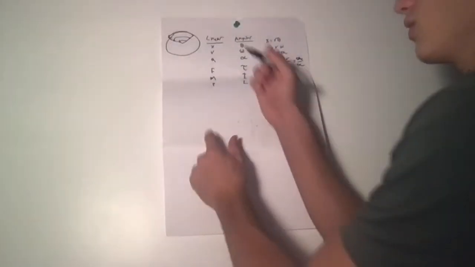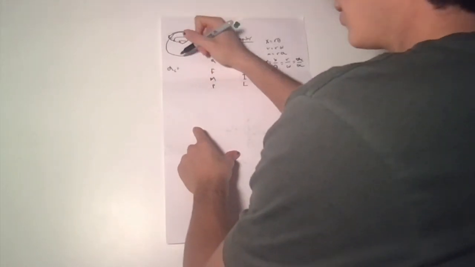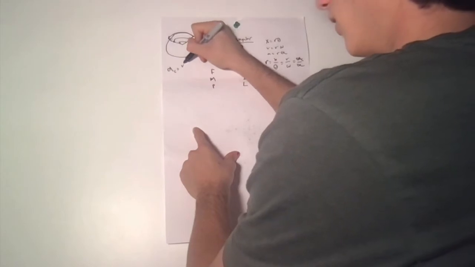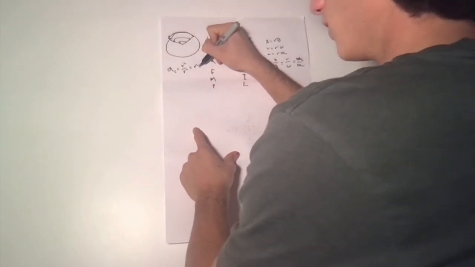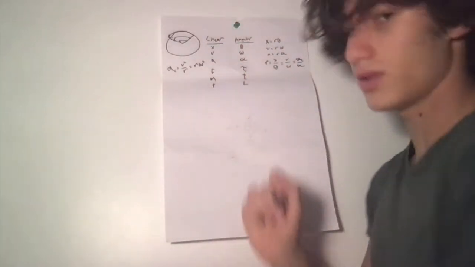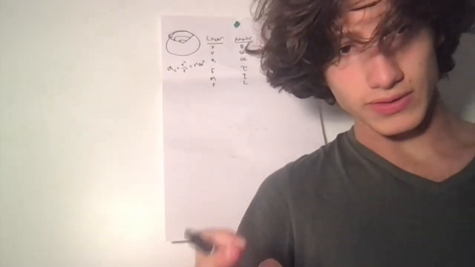And then there's also our centripetal acceleration, a subscript c, which is just equal to v squared over r, but we can also rewrite this as r times omega squared. So that's great. We now have a way of relating angular units to linear units.